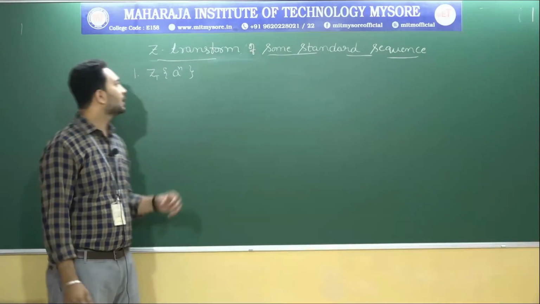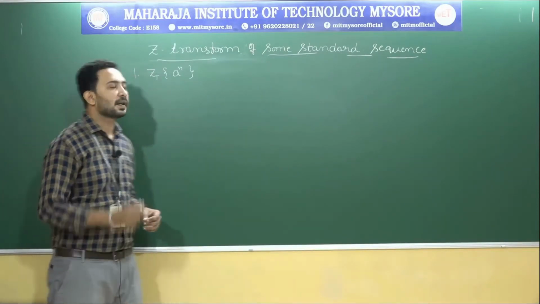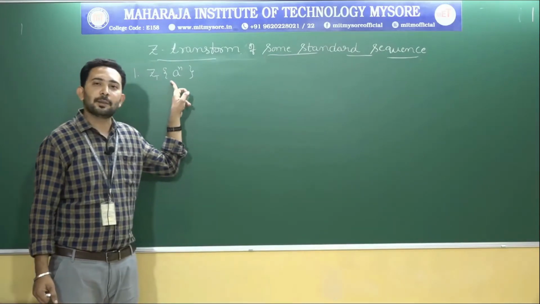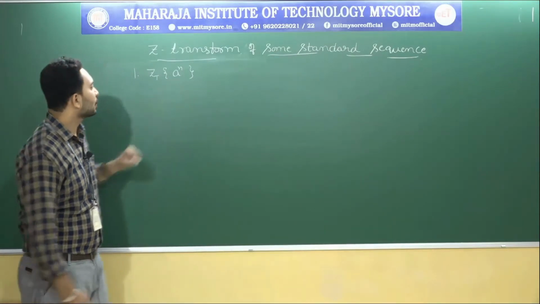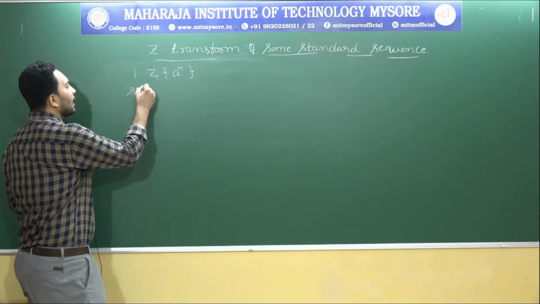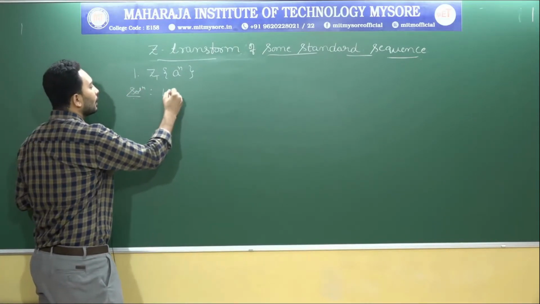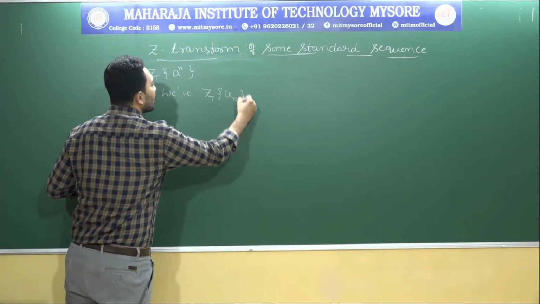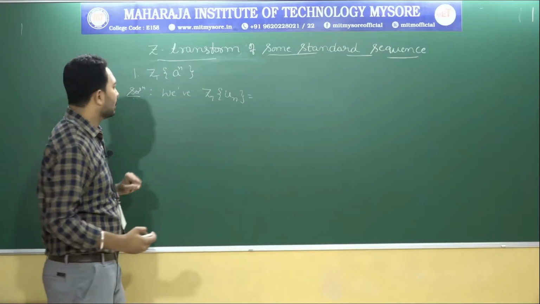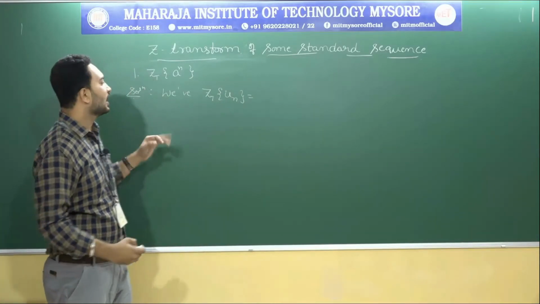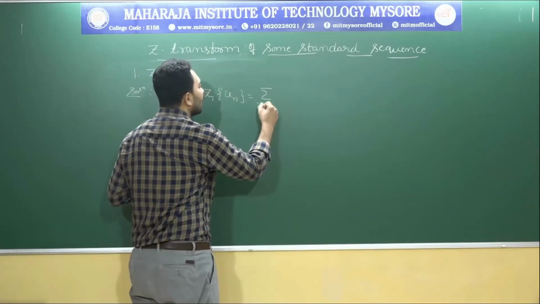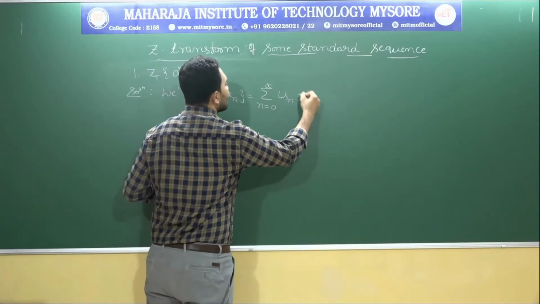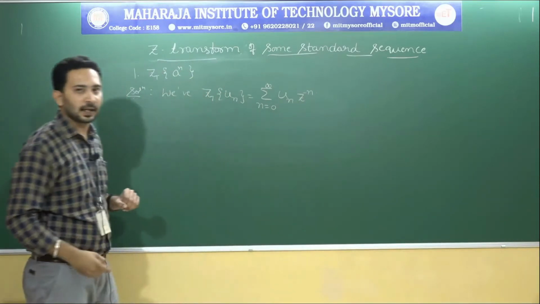Okay, let's start with the Z transform of some standard sequences. The first one is Z transform of a power n. So to solve this, we have Z transformation of u_n. What is the definition of Z transformation? It is summation of n equals 0 to infinity u_n into z power minus n.